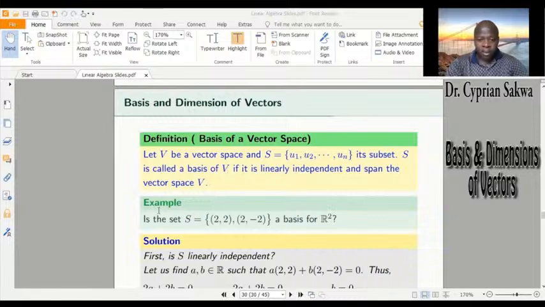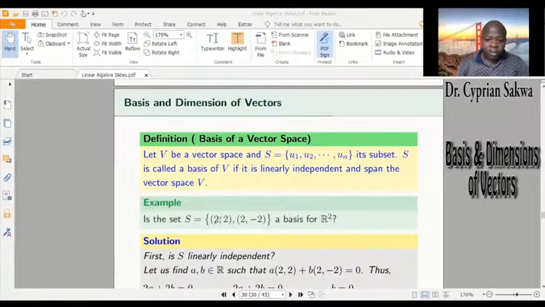So let's look at an example. In the first example, we have S comprising the vector (2, 2) and this other vector (2, -2). And these vectors are in R2. So we are asking the question, is this S a basis of R2?